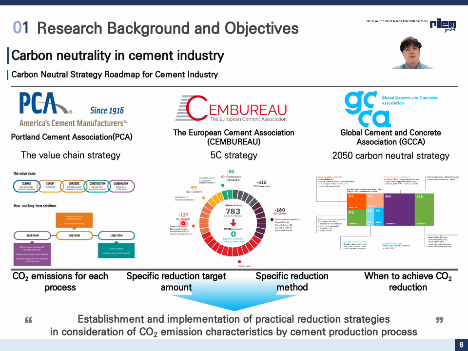SAMRO introduced the 5C strategy, focusing on 5 stages: clinker, cement, concrete, construction, and CCUS, with specific reduction goals and methods such as renewable energy use and expanded CCUS adoption. And GCCA aims for net zero by 2050 by reducing clinker use, improving mix design, enhancing energy efficiency, and accelerating CCUS. Together, these frameworks provide practical and measurable steps toward decarbonizing the cement sector globally.